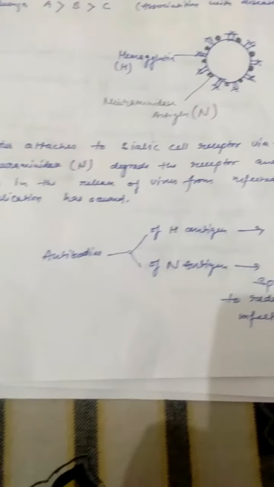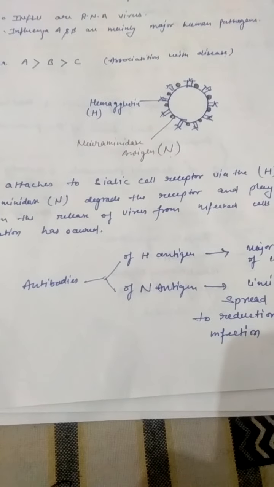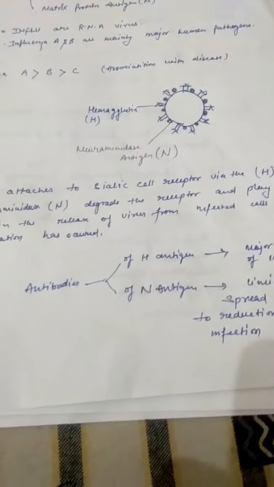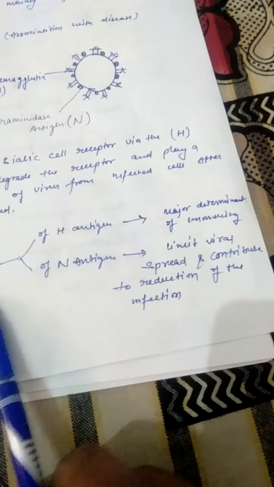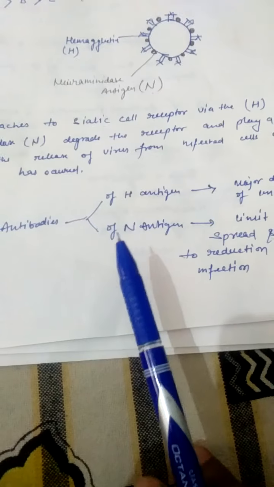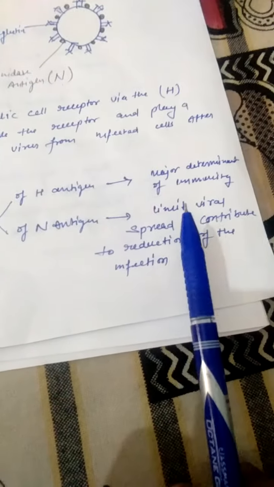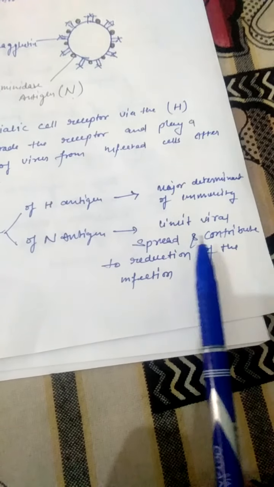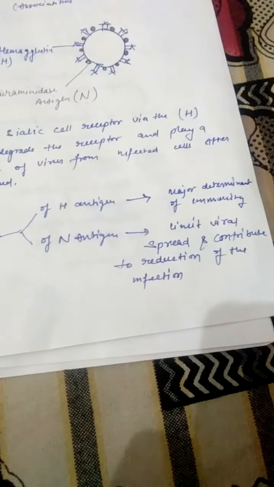Okay. Now, if the body generates antibodies in response to this influenza, if the antibody is generated in response to the H antigen, that denotes the major determinant of immunity. If antibody is generated in reference to the N antigen, that limits viral spread and contributes to reduction of the infection.